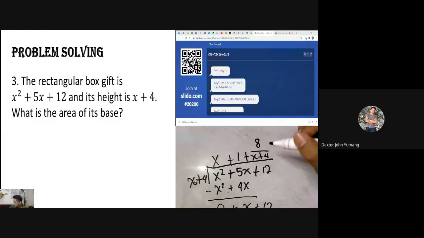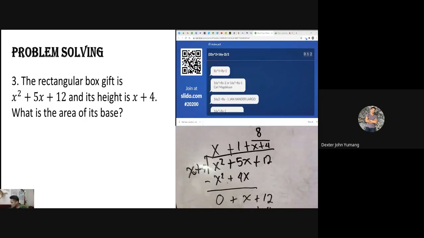Okay, ganun lamang po. So, please copy. Sana ma-zoom out. Okay, kopyahin nyo muna yung nasa taas, then ibababa ko lang siya. Okay, start now.